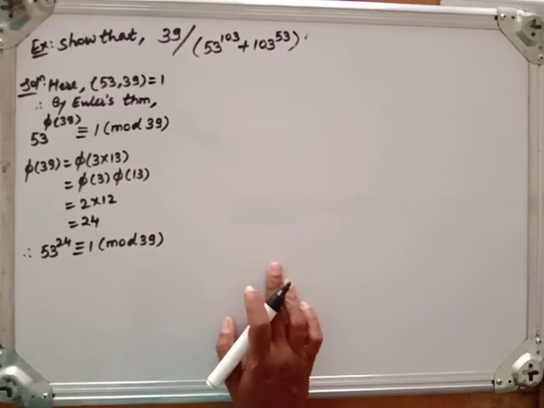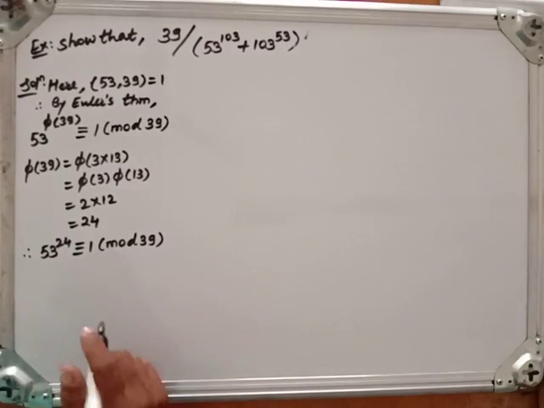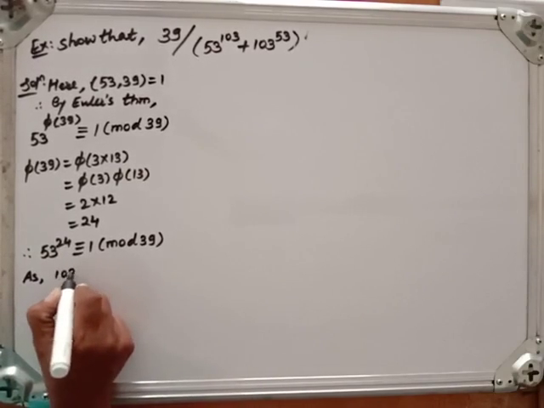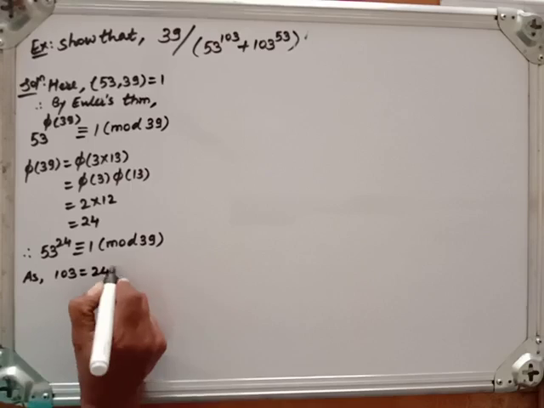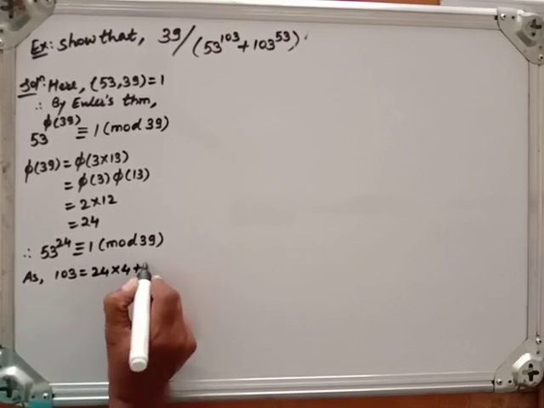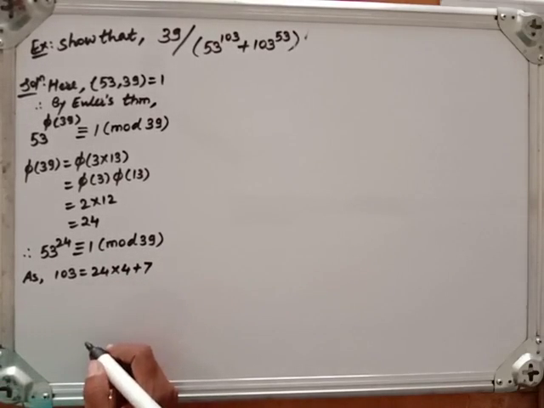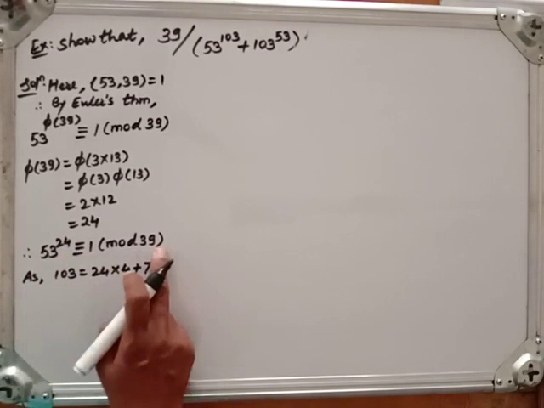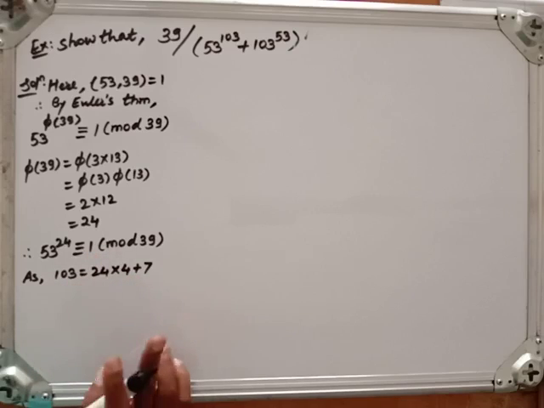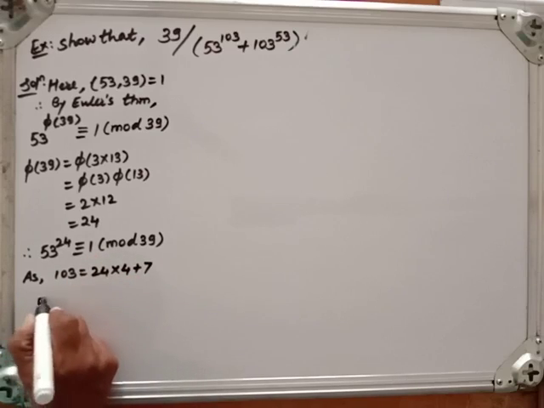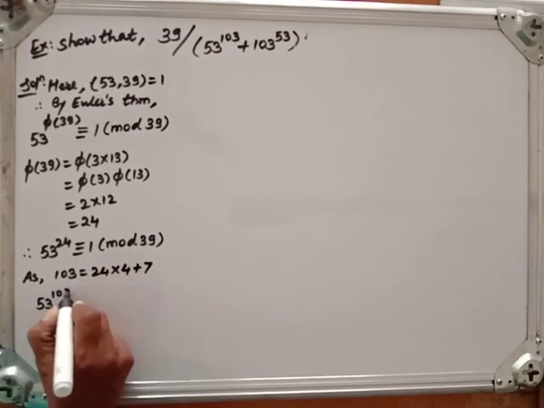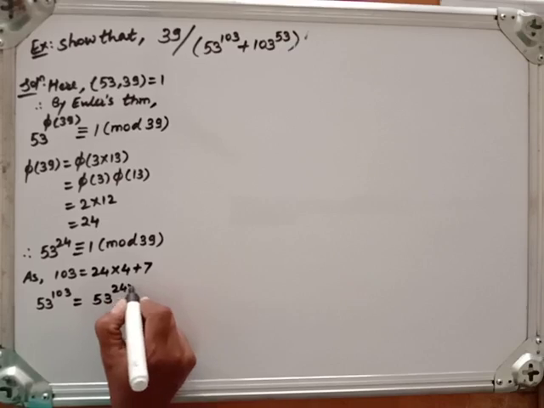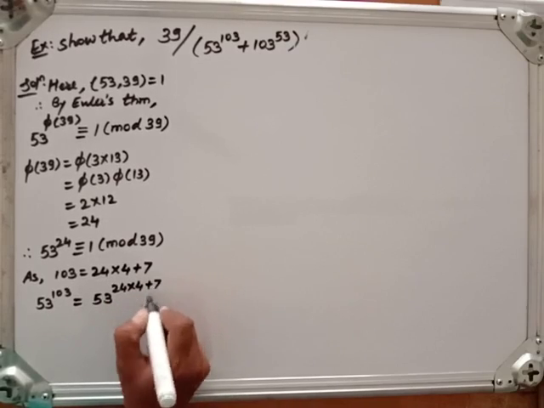Now we need 53 raised to 103. So let us divide 103 by 24. Let us check what happens. 103 can be written as 24 into 4 plus what? 7. Plus 7. So 53 raised to 103 can be written as 53 raised to 24 into 4 plus 7.